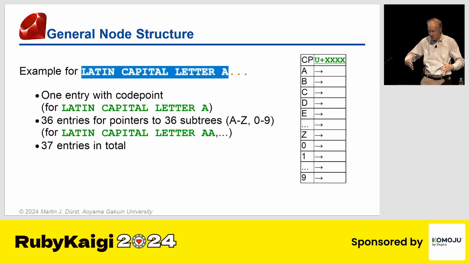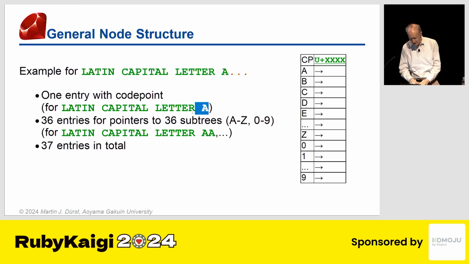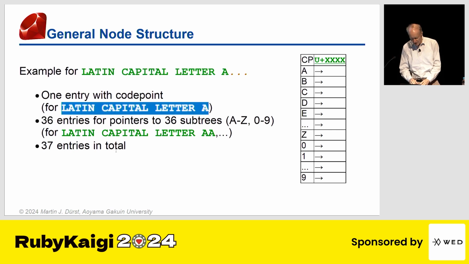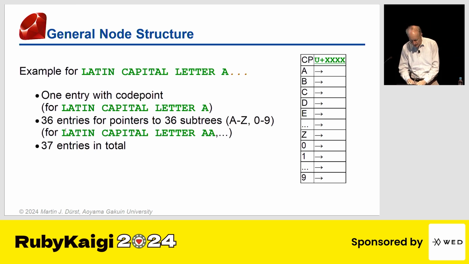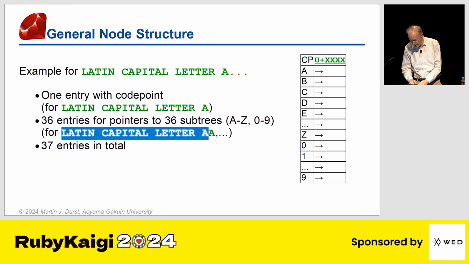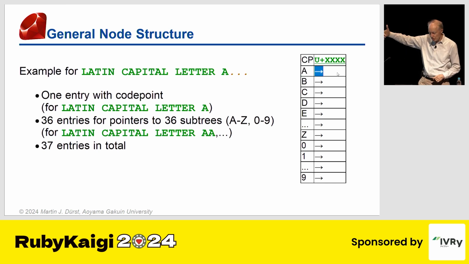We can be done here because Latin capital letter A is a character name. But it could also be that the name is still longer. For example, there's another character whose name continues after Latin capital letter A, so we need to go a next step. If we are done here and look for the code point, we take the code point here. If we want to go down the A street, we have a pointer here to another node.